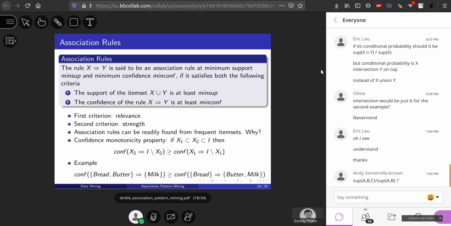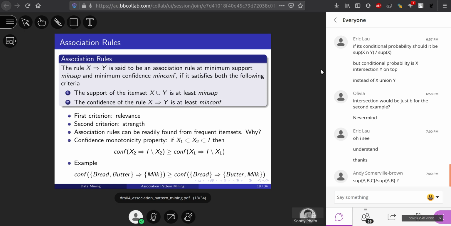All right, and the association rules. Once you have the confidence, you can talk about association rules, okay? So previously we said item sets, and then we can define frequent item sets. Now we have min sup, which is the threshold for something being frequent, right?